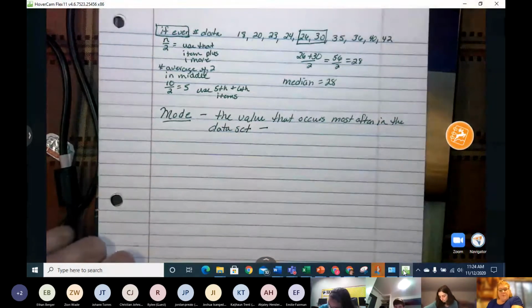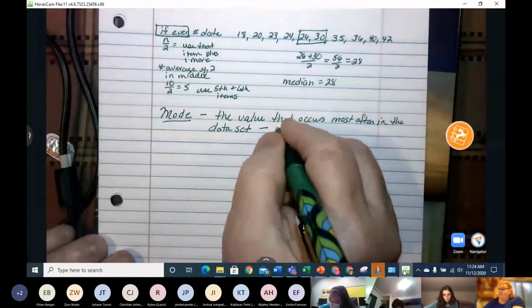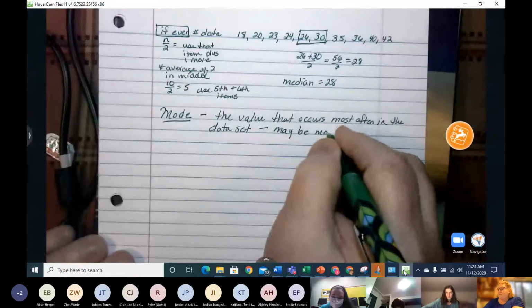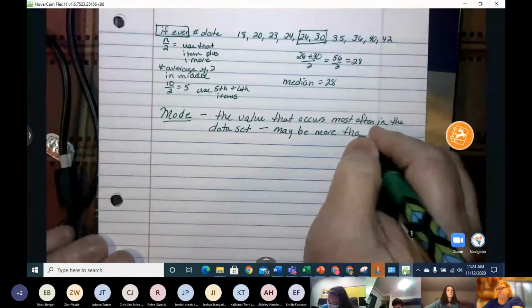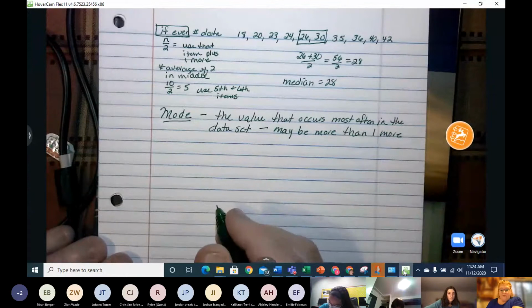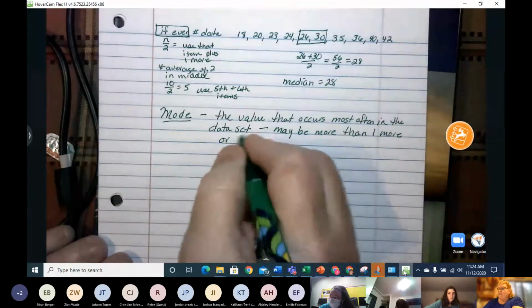One thing to remember with mode is that there may be more than one mode. Or there may be no mode.